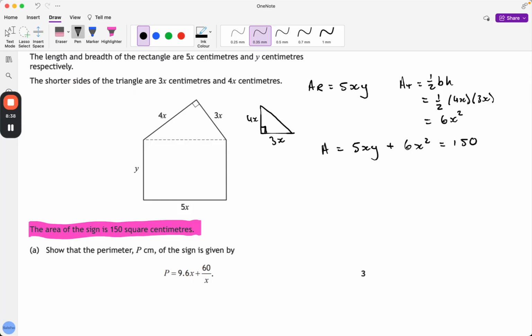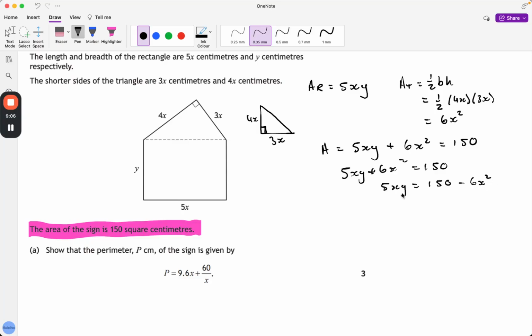So we want to write this in terms of y equals something to do with numbers and x's. So I'm just going to rewrite it down here. So we have got that 5xy plus 6x squared is equal to 150. And so what I'm going to do is just subtract 6x squared, so that we have 5xy equals 150 minus your 6x squared.